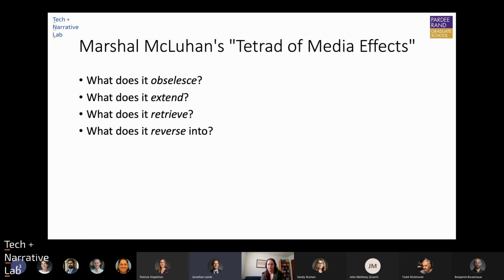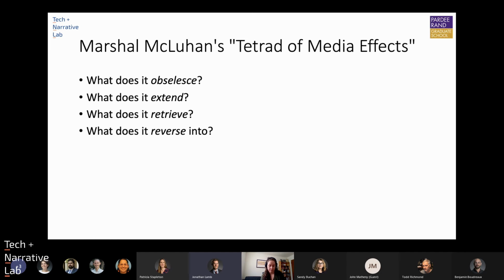But then at the same time, when you think about what it obsolesces, that might be directly its precursors, but it might also, as a side effect, be other things that no longer are useful or necessary with the rollout of this media or technology. The idea of retrieval is slightly more abstract, but it's thinking about what this recalls, or what's maybe an outmoded or older idea or original motivation that might be reflected in this technology.